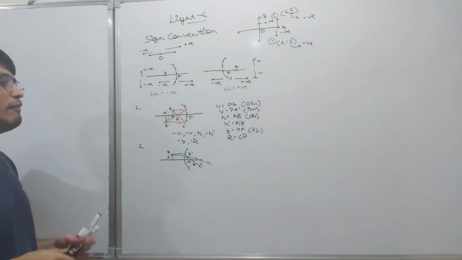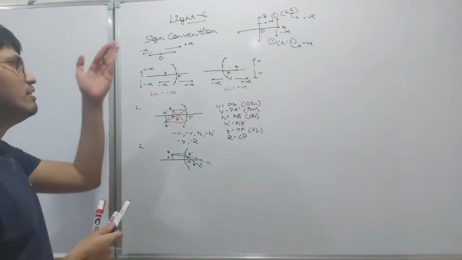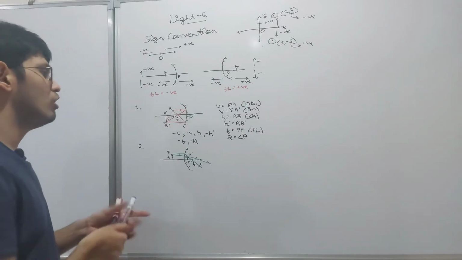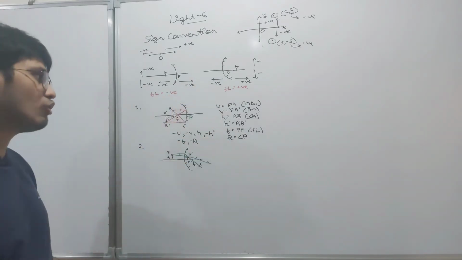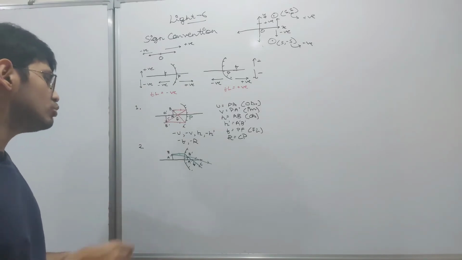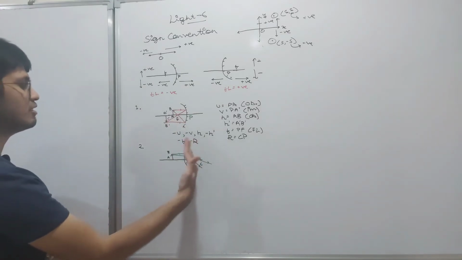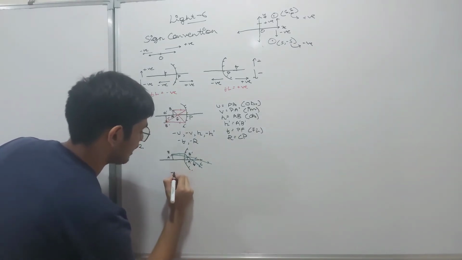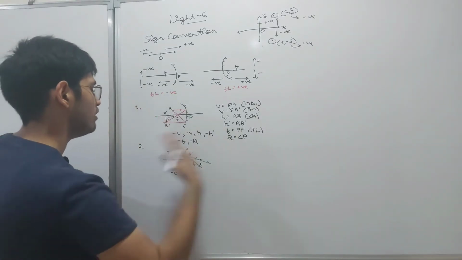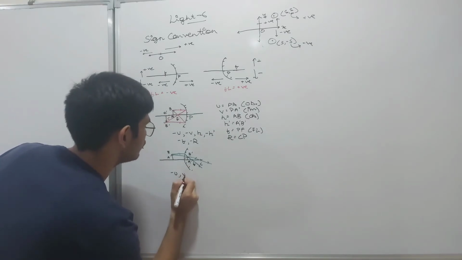Now you have to tell the sign convention of all these: u, v, h, h dash, f and r. Starting with u, where is u present? This is the pole, in the left side, so u will be negative. v, where is v present? Pole, right side, so v will be positive.